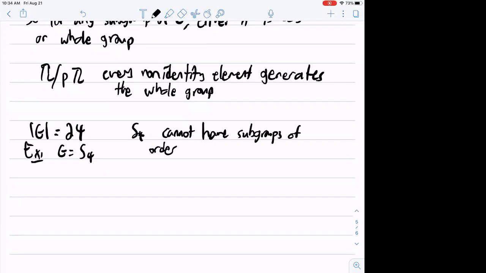It's not enough to just share a factor; you must divide. For example, you cannot have order 14, because 14 does not divide 24. Like 7, 13, the list goes on and on. If you don't divide 24, you cannot be a subgroup. So you see Lagrange is pretty strong, right?